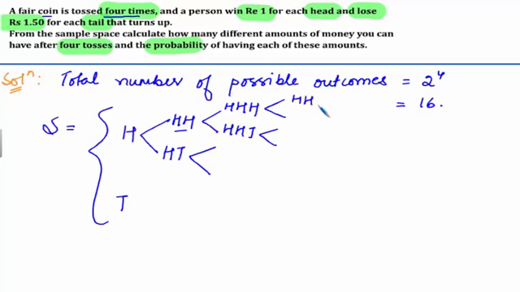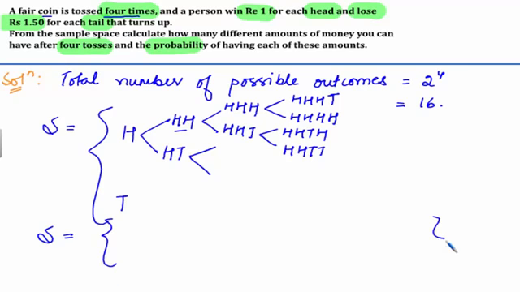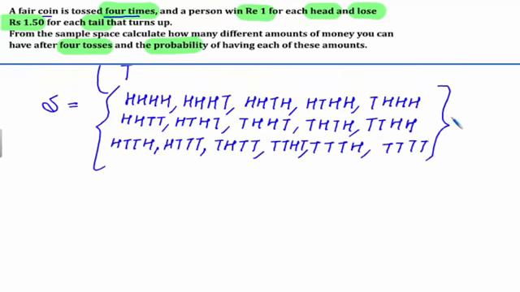So we have HHHT or HHHH. That is, a tail may appear at the 4th toss, or a head may appear. Similarly, from here we have HHTH and HHTT. So similarly, from here also we get 2 events, and this way the sample space is as follows. So this is the required sample space when a fair coin is tossed 4 times.